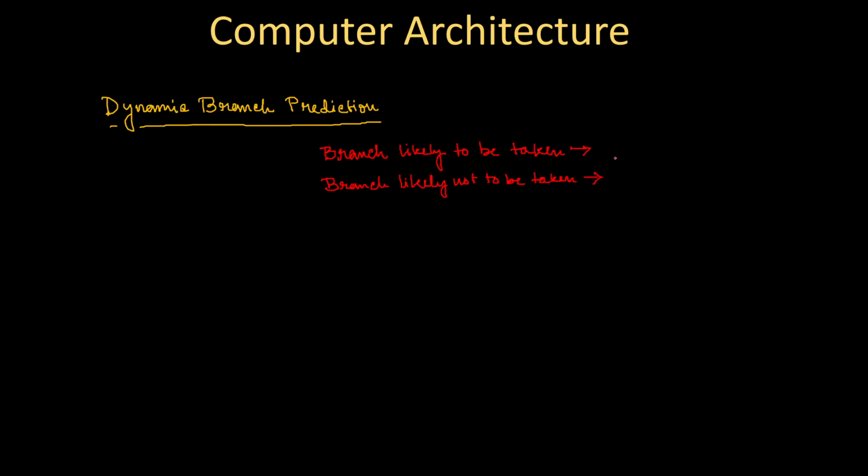Suppose I give them the names LT and LNT, likely to be taken and likely not taken. So that means the hardware has two states of mind: likely to be taken and likely to be not taken. As simple as that.